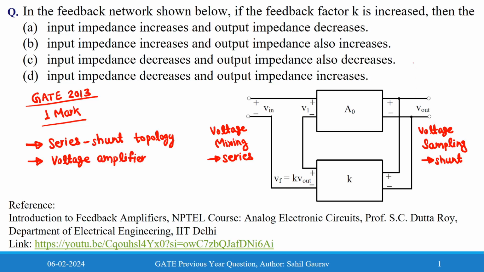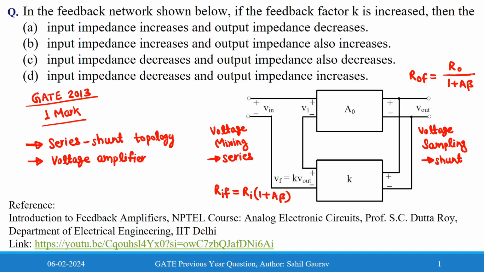So at the output, this output resistance will be R naught divided by 1 plus A beta. That is, output resistance is going to decrease. And at the input, this is going to increase. So this is the input resistance and this is the output resistance.